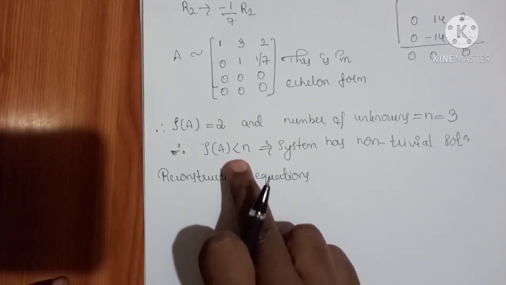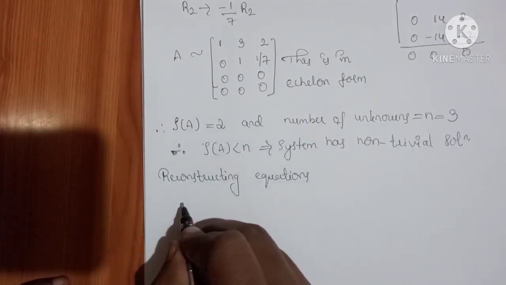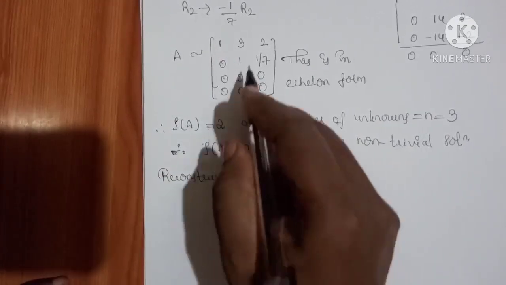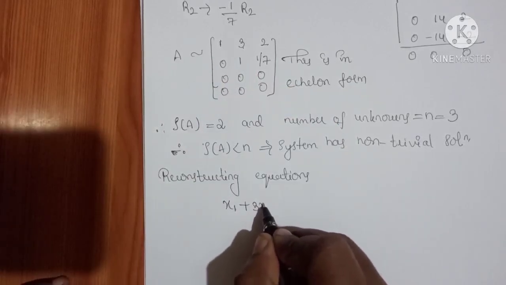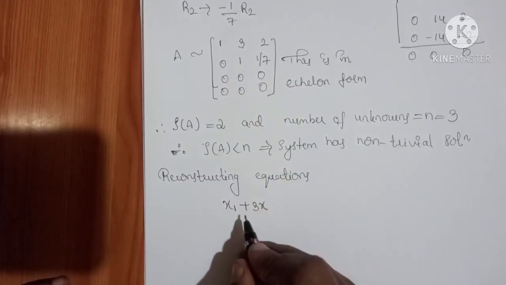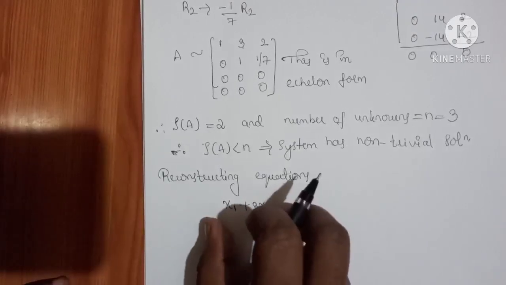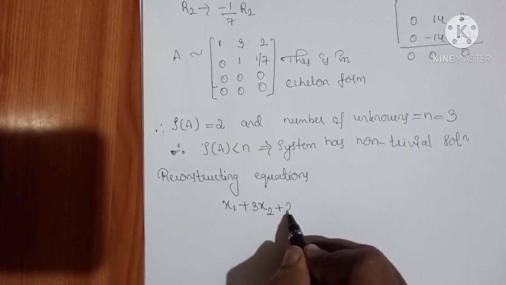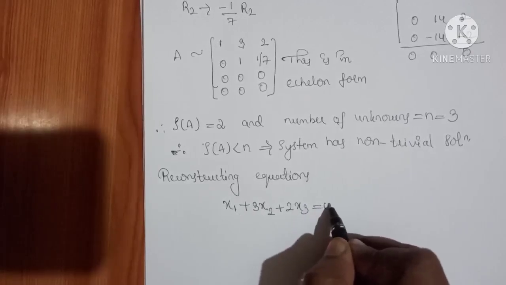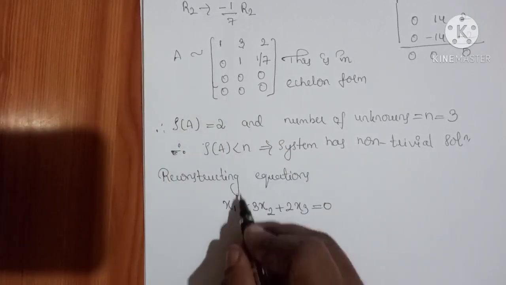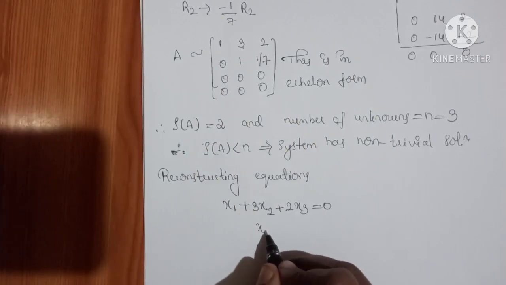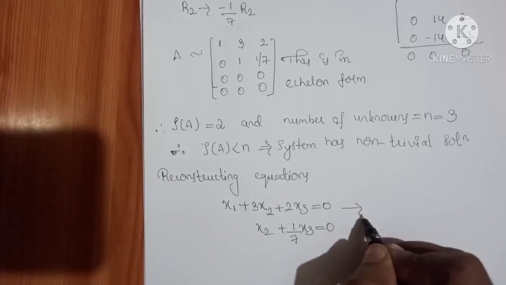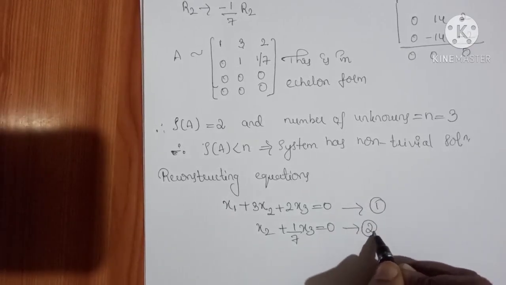Now reconstructing the equations, in the given equation the unknowns are x1, x2 and x3, therefore we use that only instead of x, y, z. x1 plus 3x2 plus 2x3 equals 0. 0 into x1 equals 0. 1 into x2 plus 1 by 7 into x3 equals 0. Consider this as equation 1, and this as equation 2.